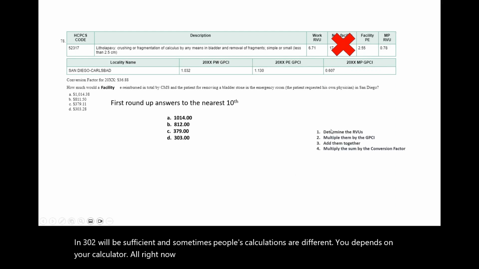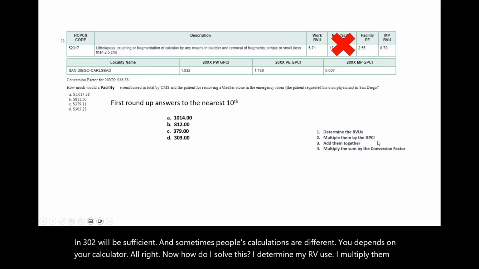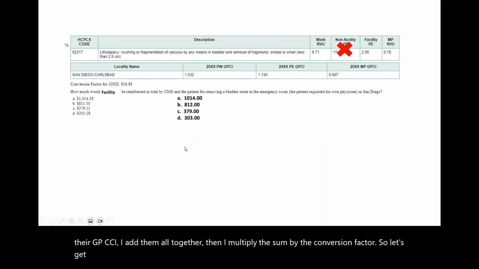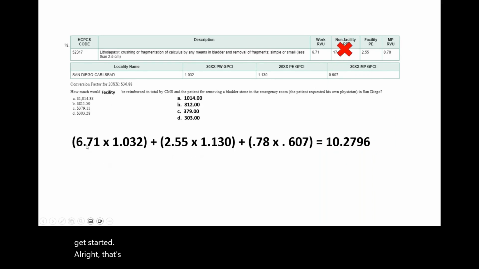All right. Now, how do I solve this? I determine my RVUs, I multiply them by their GPCI, I add them all together, then I multiply the sum by the conversion factor. So let's get started. I'm going to start with my work RVU, 6.71. I'm going to multiply it by the corresponding GPCI of 1.032.